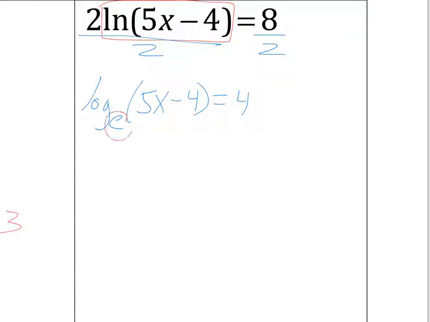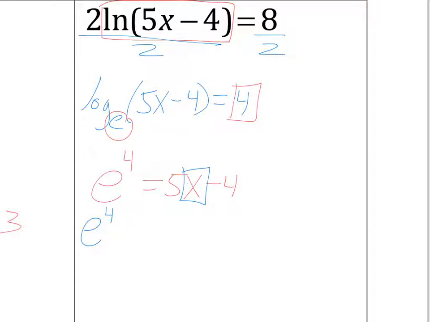Converting this to exponential, we've got base e, exponent 4, is equal to 5x minus 4. Getting the x by itself, I'm going to add 4 to both sides. e to the 4 plus 4 is equal to 5x. Divide by 5, and I get e to the 4 plus 4 over 5 is equal to x.